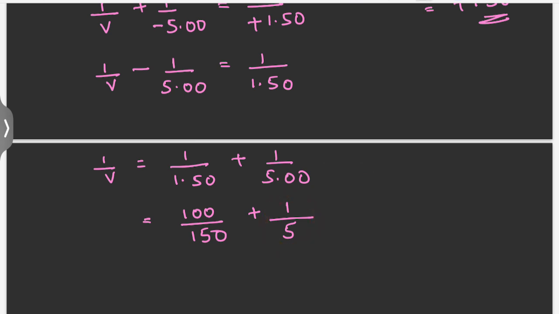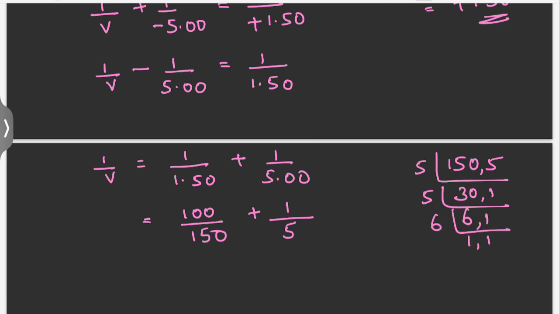Now take the LCM of 150 and 5. The LCM is 5 30s and 5 1s, 5 6s are 30, and then 6 1s. So multiply this, 6 into 5 into 5. 6 5s are 30, 30 into 5 is 150. So the LCM you will get as 150.